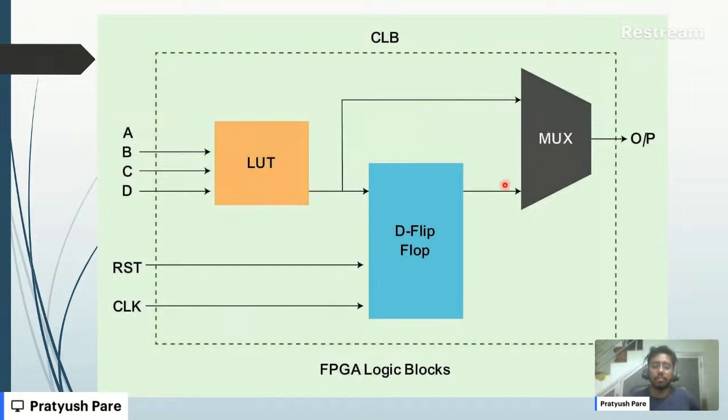So here I'll give a brief on how these logic blocks work. Let's say you have the inputs A, B, C, and D, and you give some logic. The FPGA synthesis tool will convert it into lookup tables, and it will store those lookup tables inside the logic block, in the LUT block.